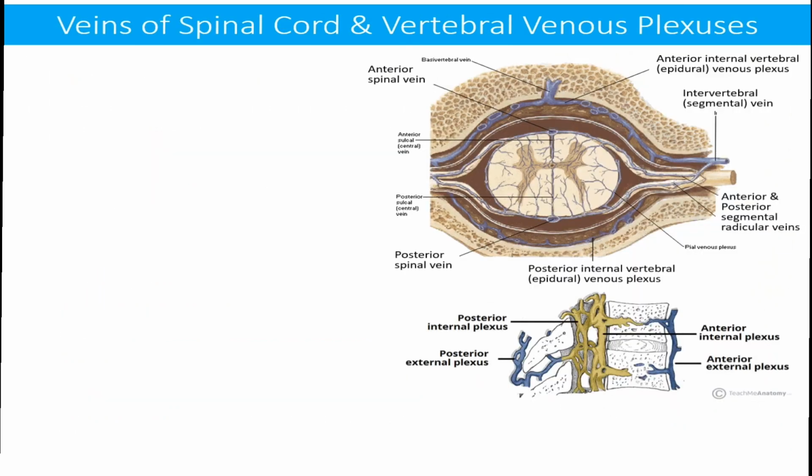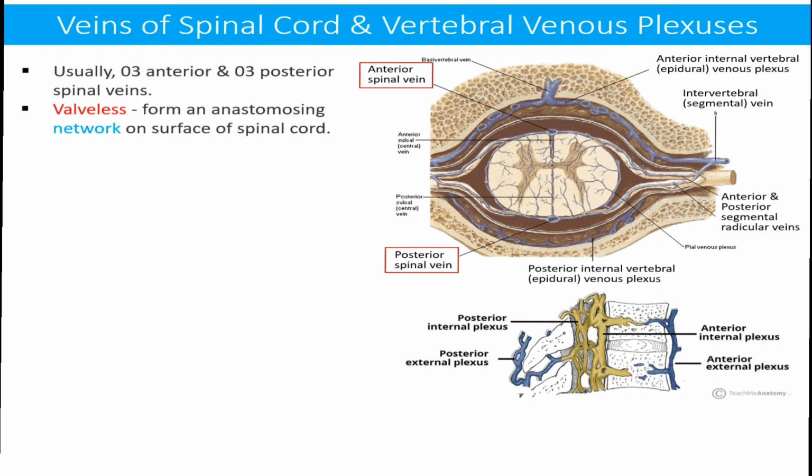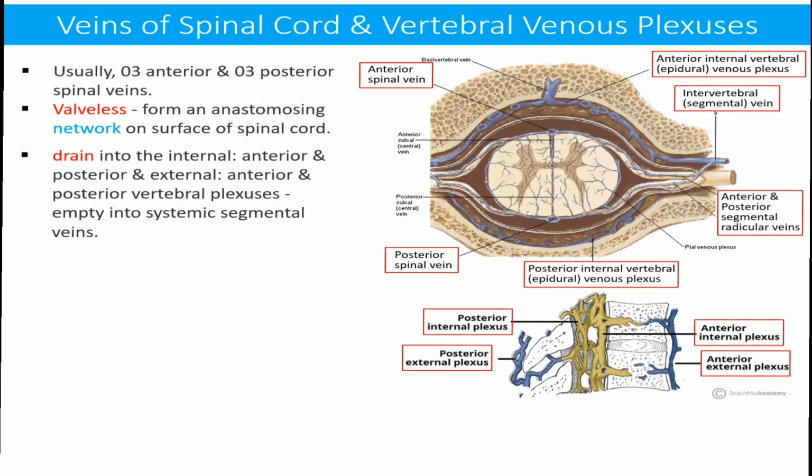Veins of the spinal cord and vertebral venous plexuses. Usually there are three anterior and three posterior spinal veins. These are valveless veins and form an anastomosing network on the surface of the spinal cord.